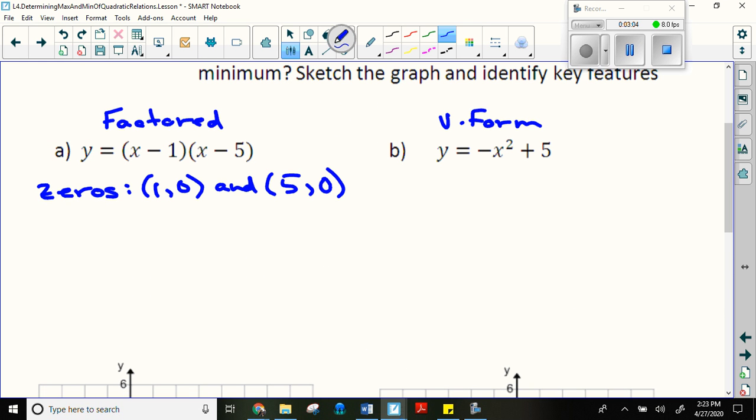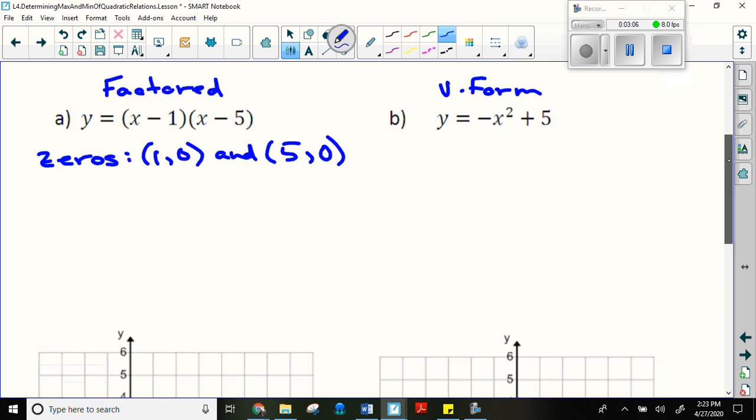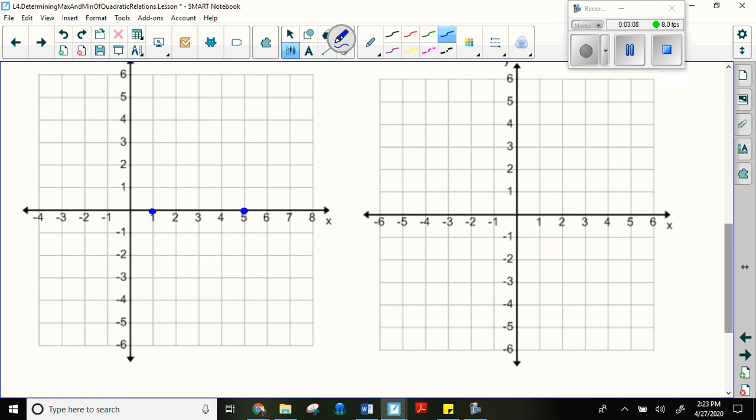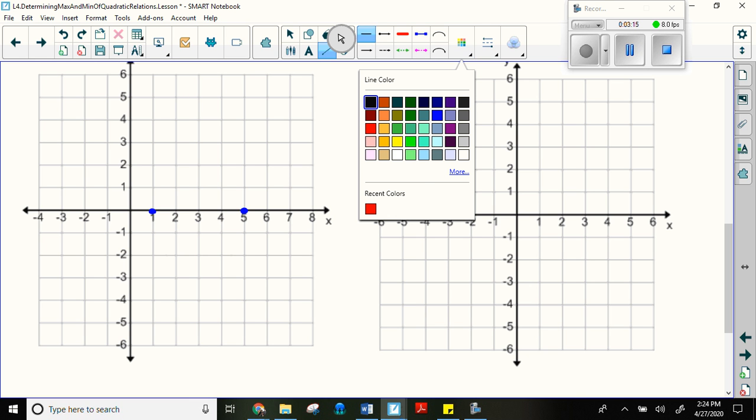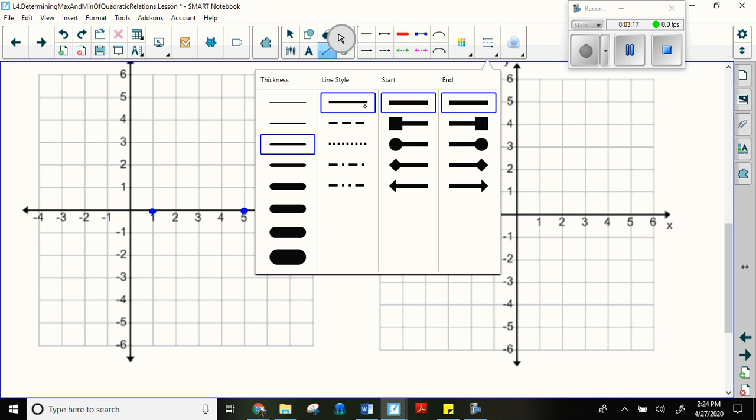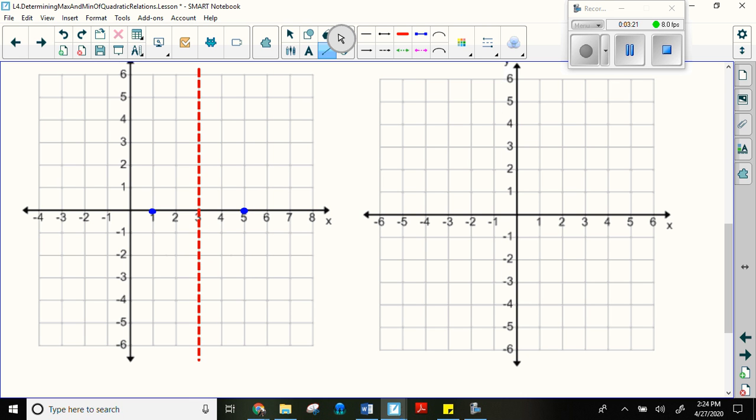Now, the next important piece of information about the vertex is that it happens in between your two 0 values, your two x-intercepts. What do I mean? I mean that just by looking at this, we know the vertex is going to fall somewhere on this red line.